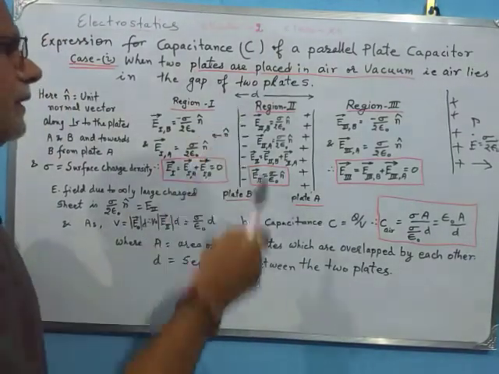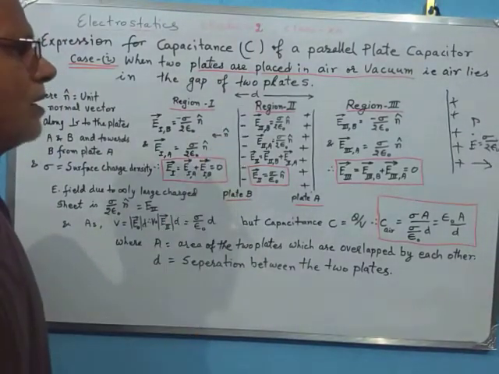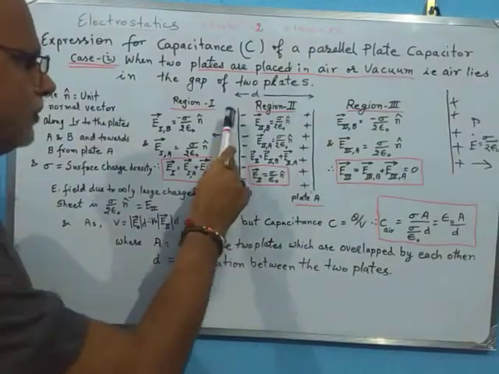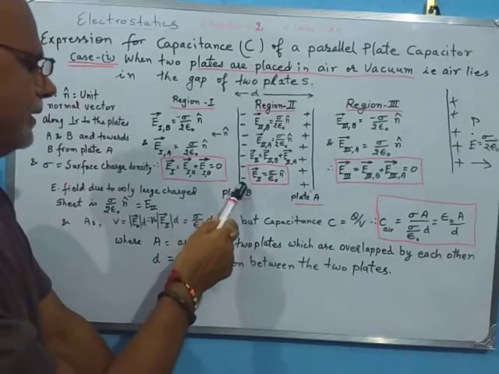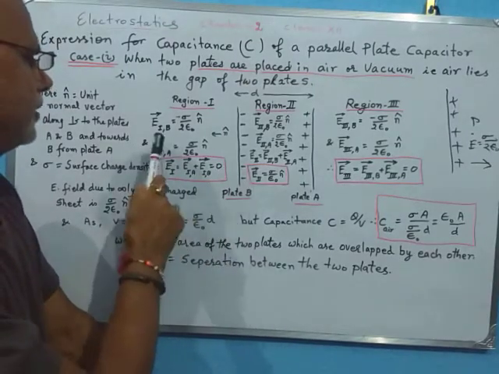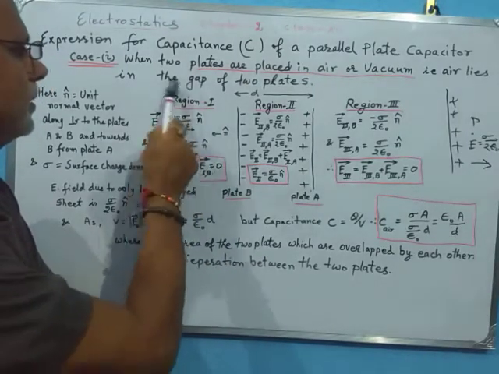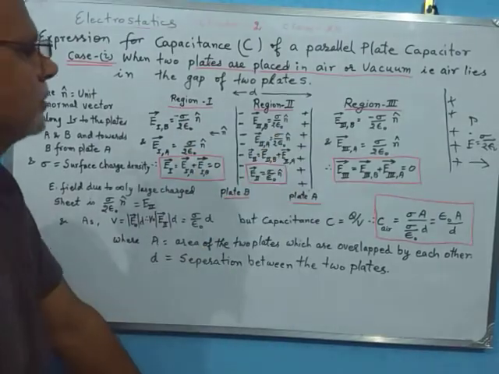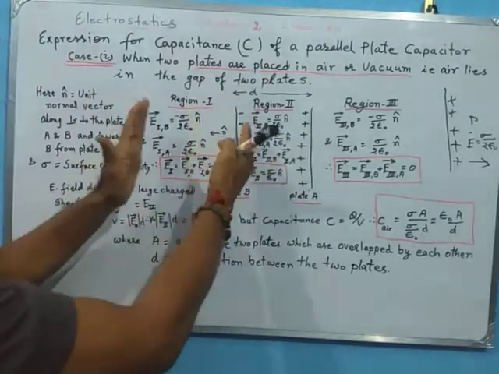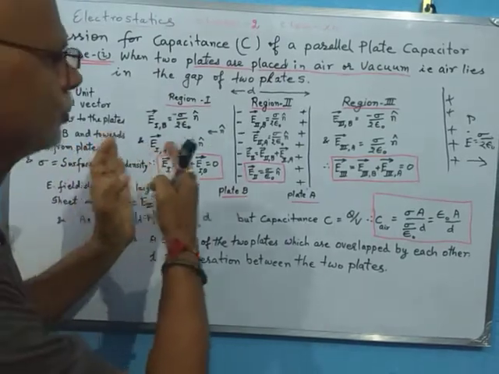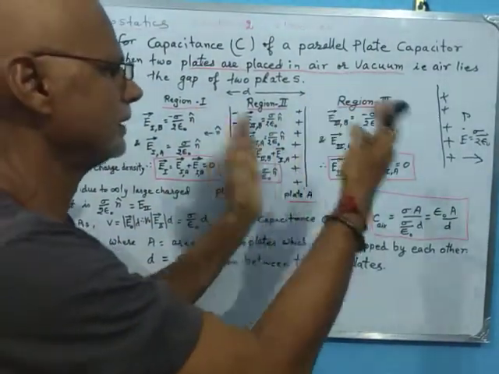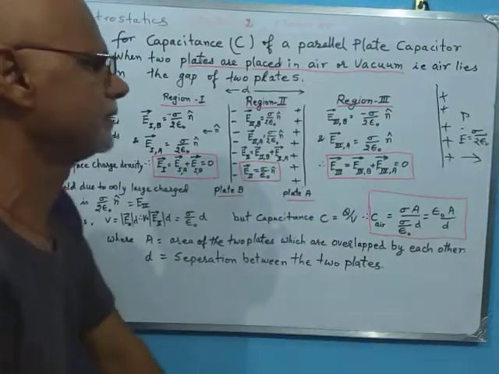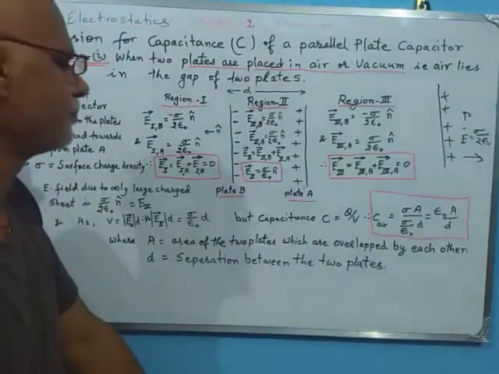So we consider it like that, and then we divide into three regions. One region is extreme left of these two plates, another region is in between the two plates, and yet another region is extreme right of these two plates.